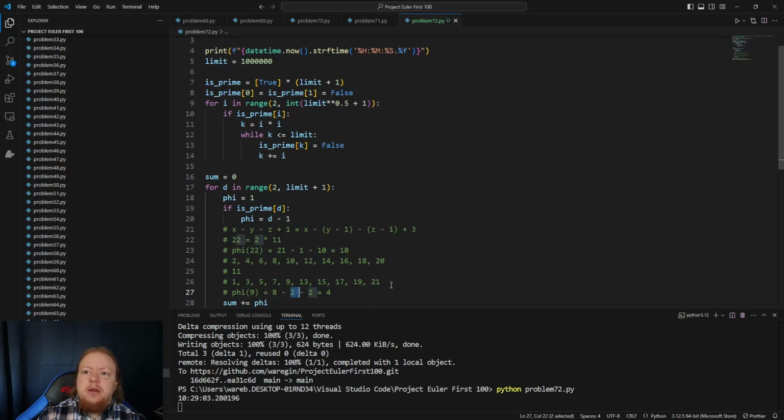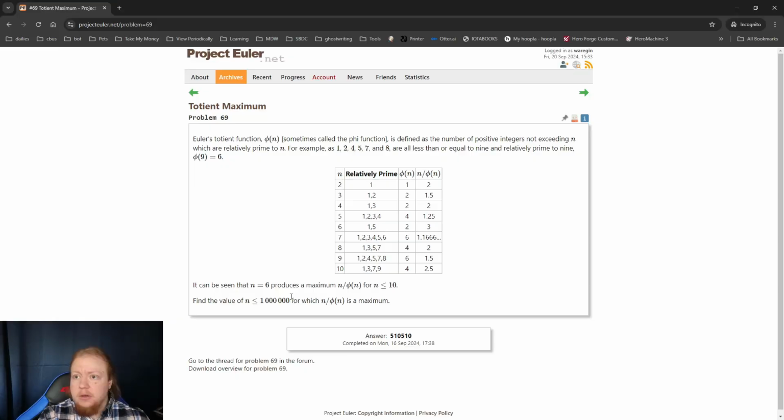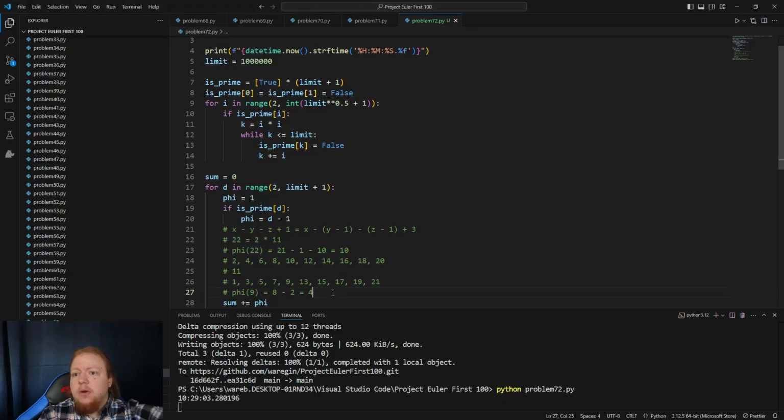So in this case, it's simply 8 minus 2 because it's a square. Phi of 3 being 2. Yeah, phi of 3 is 2.